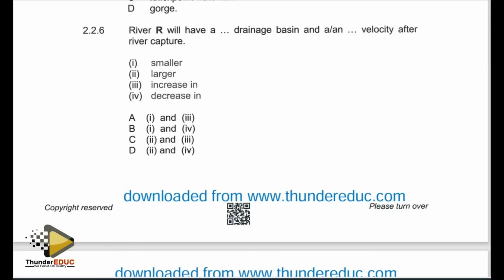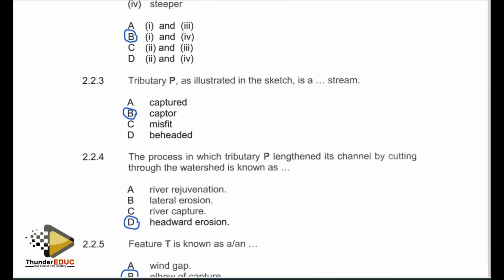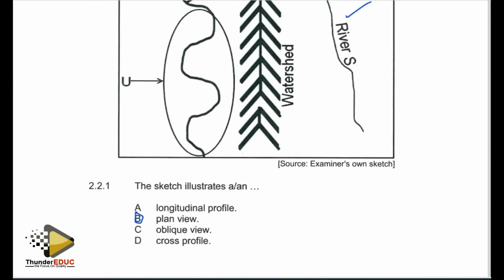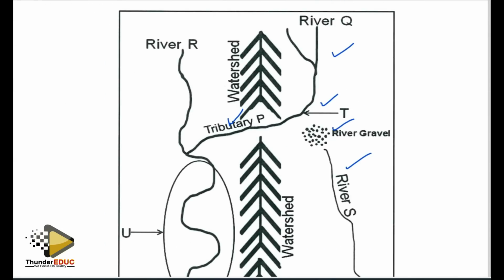River R will have a dash drainage basin and A or N velocity after river capture. Right. If we check on river R here in terms of its basin, river R used to have a basin which was this side of the watershed before the process of piracy.